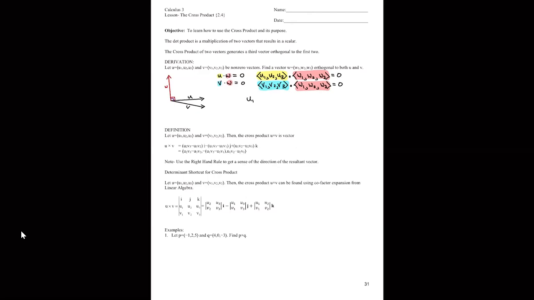You'd have U1 W1 plus U2 W2 plus U3 W3 equal to 0. And then you'd have V1 W1 plus V2 W2 plus V3 W3 also equal to 0.